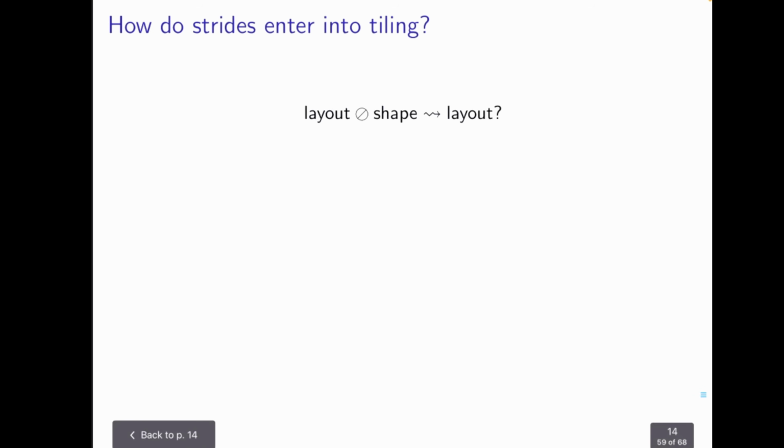Okay, so we got to this before, but instead of just tiling shape divided by shape, could we take a whole layout and divide it by a shape? As you might suspect, the answer is yes.